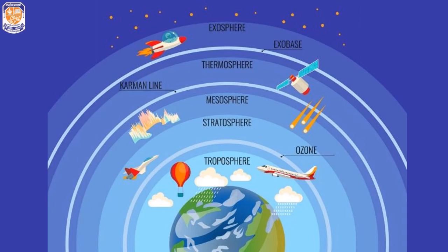So the air in the exosphere is extremely thin, which means that it appears almost airless and contains very few molecules. This is the first layer that comes in contact with the harmful radiations in space, and it offers us protection from them. So this was about all the different layers that are present in the atmosphere.